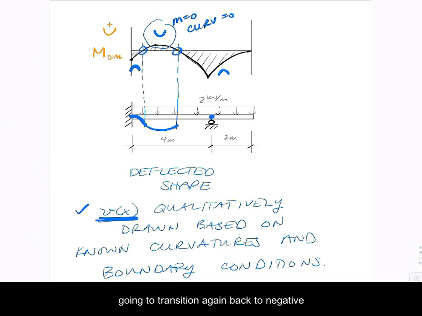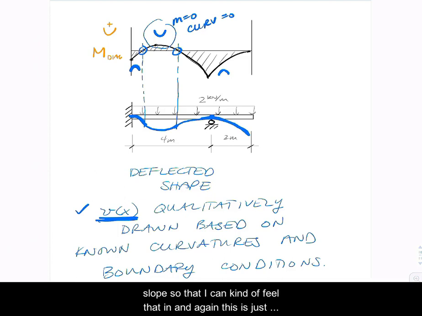Then it's going to transition again back to negative slope. So then I can fill that in. And again, this is just qualitative. I'm not claiming that the deflection out there at the end of the beam is actually down. It could be up, but all we've done is follow curvatures here and our boundary conditions. So this would be a sketch of the deflected shape for our beam.